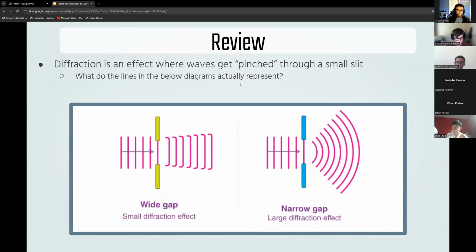Last class, we learned about diffraction, an effect where waves get pinched through a small slit. Diffraction is basically just waves bending around obstacles. What do the lines in the diagrams represent?